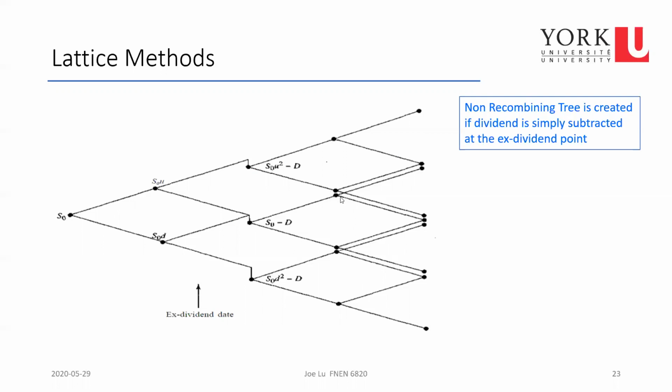So these 2 points are different. And because these 2 points are different, you're going to have non-recombining trees. Every time you get an ex-dividend, a dividend payment, you're going to have extra branches branching out of this tree. So your tree can become complicated.